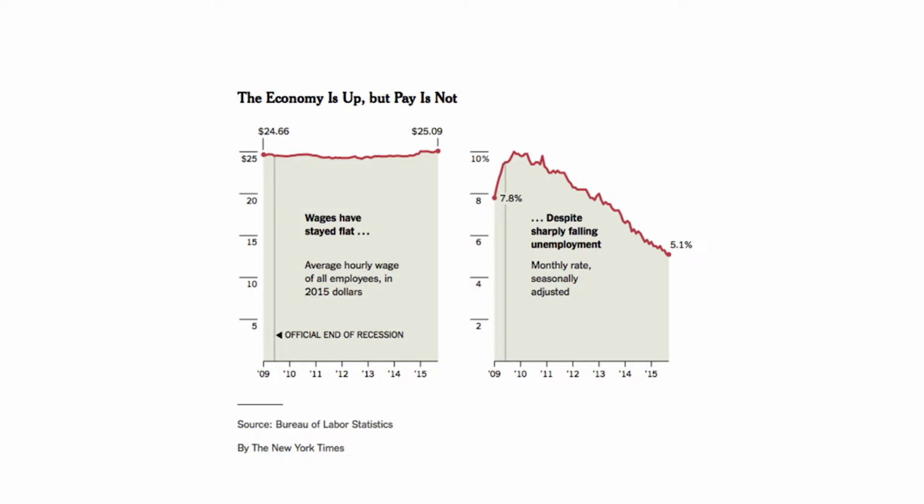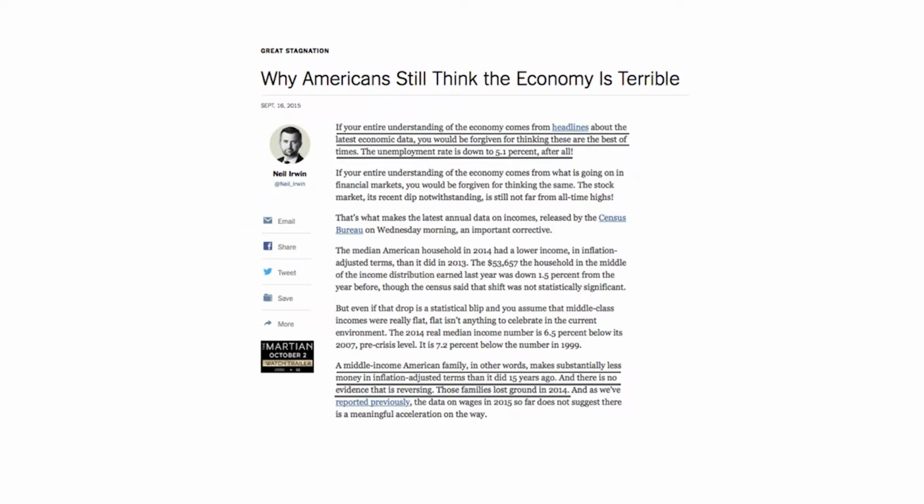So while the economy is up, pay is not. Wages have stayed flat for the average hourly wage, and there's a decrease in unemployment, but that's seasonal, and then also it's at that same rate. This just sort of sums up a middle-income American family makes substantially less money in inflation-adjusted terms than it did 15 years ago.